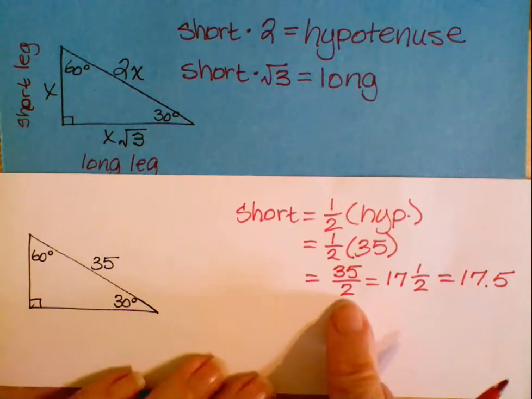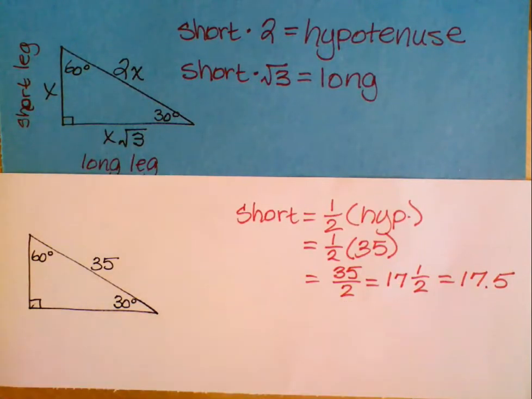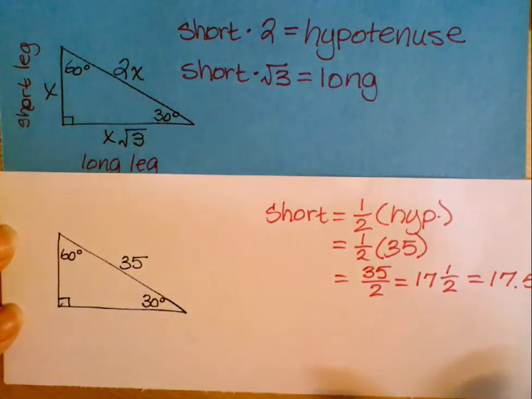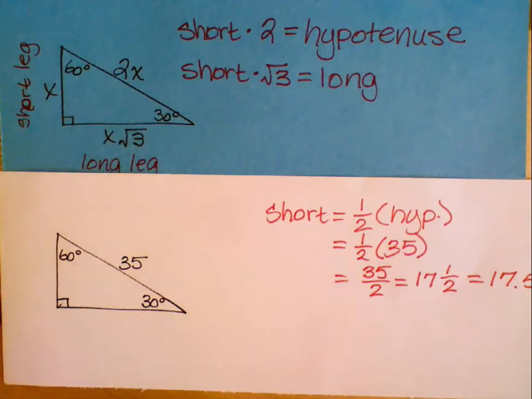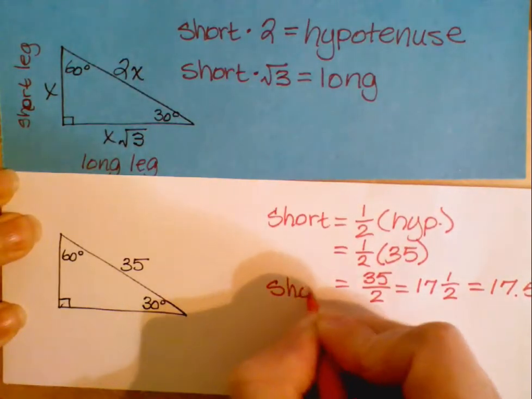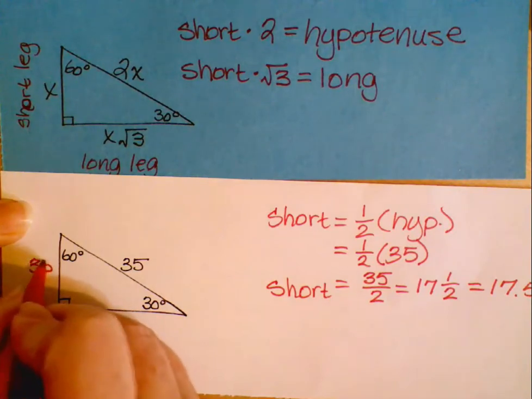I am partial to the improper fraction notation myself, but neither of them is incorrect. It may just be a matter of what's acceptable in the context, or with certain teachers, different expectations happen. So here, I know the length of my shorter leg is 35 over 2, or 17.5.